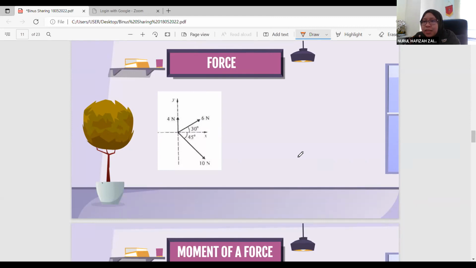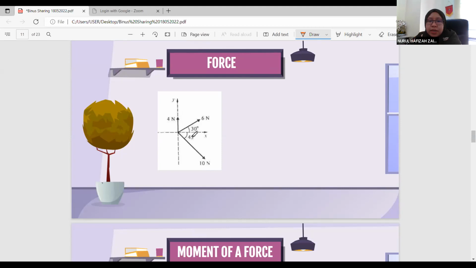Basically, force also has a magnitude and a direction, because you can see there is an arrow there. This arrow represents the direction, and also there are angles here, 30, 45, and also the magnitude. So this is also one example of a vector.